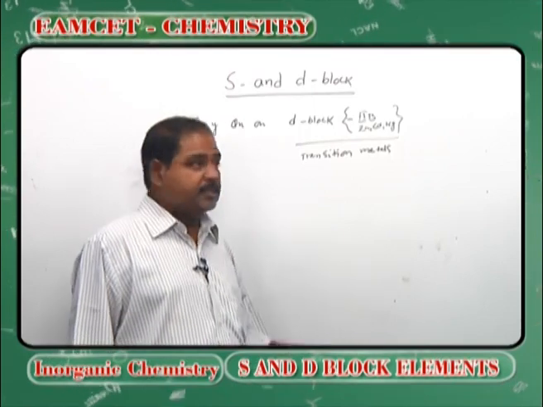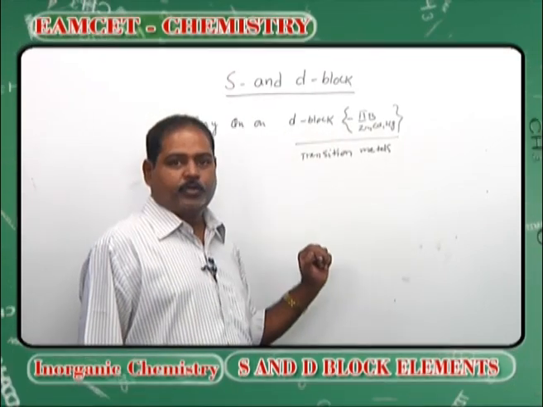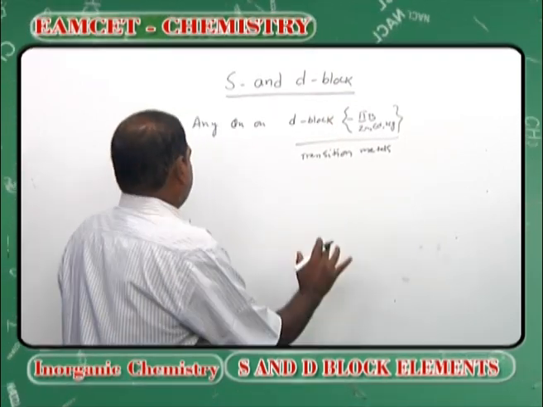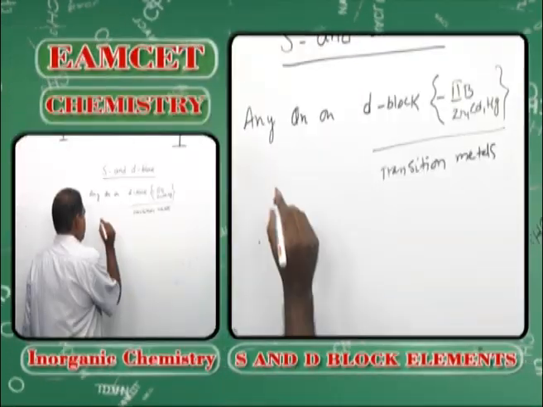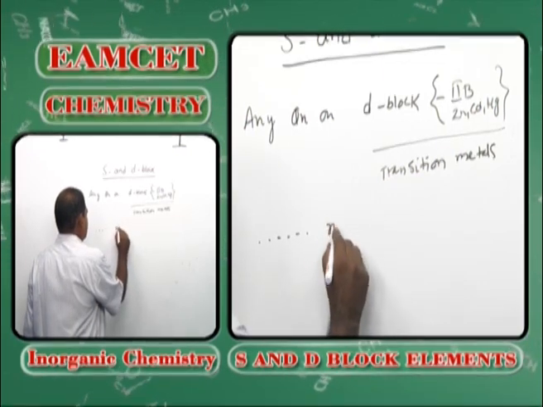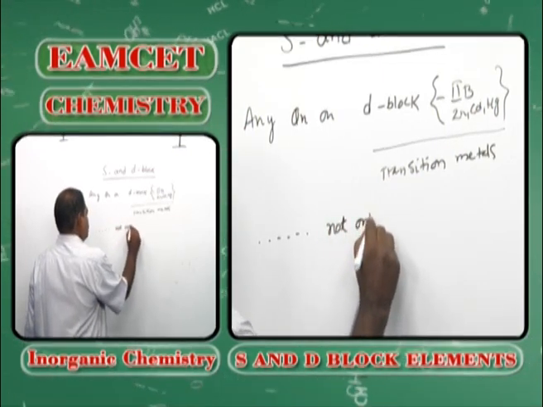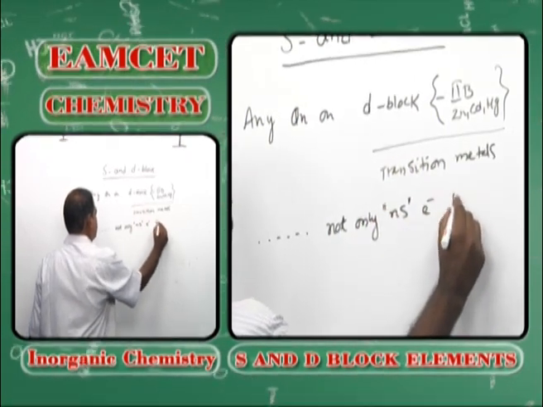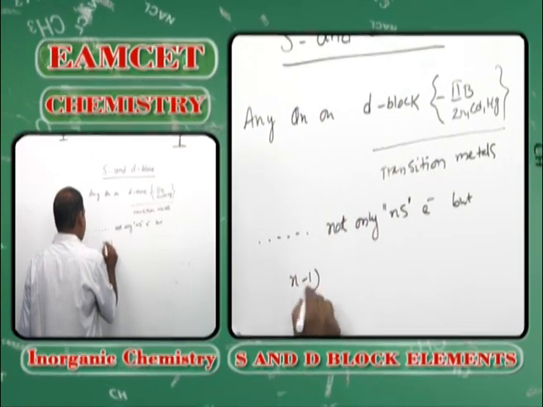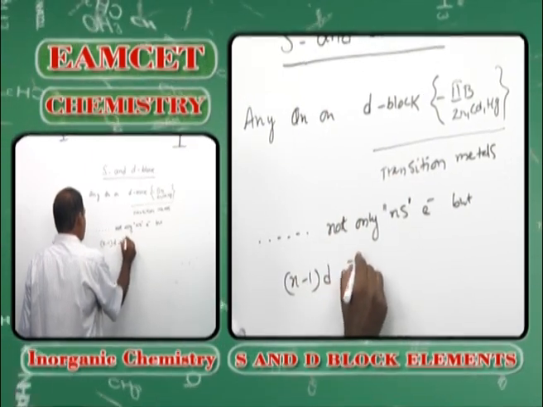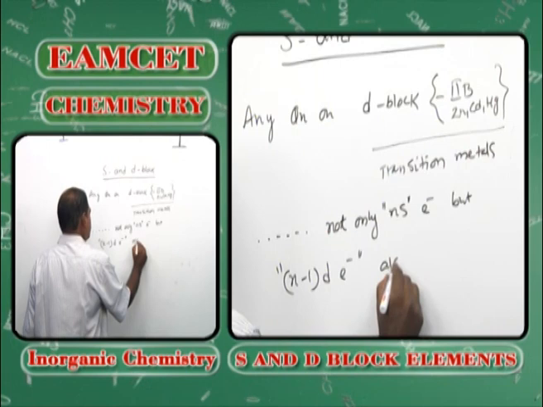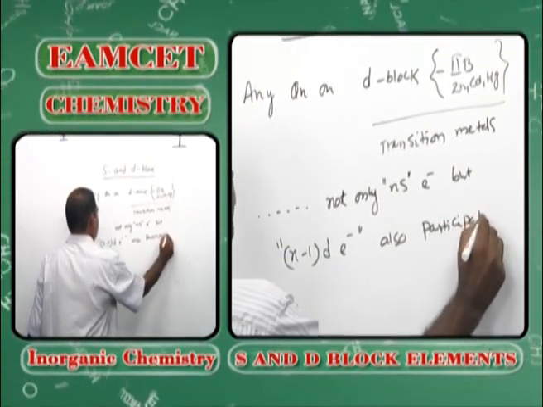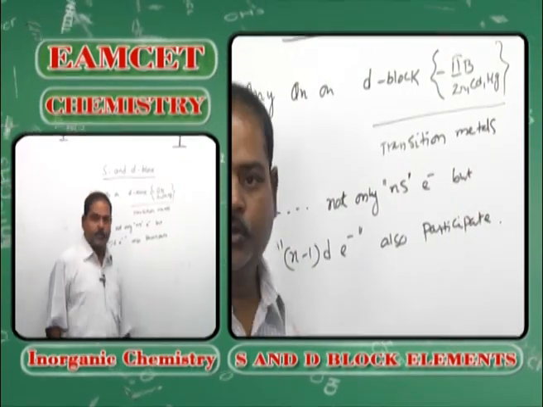What are transition metals? D minus 2B. And 2B, what are the elements? Zinc, cadmium, mercury. So, for any question, this is most of the time the answer: not only ns electrons, but (n-1)d electrons also participate, in whatever area you are talking about.